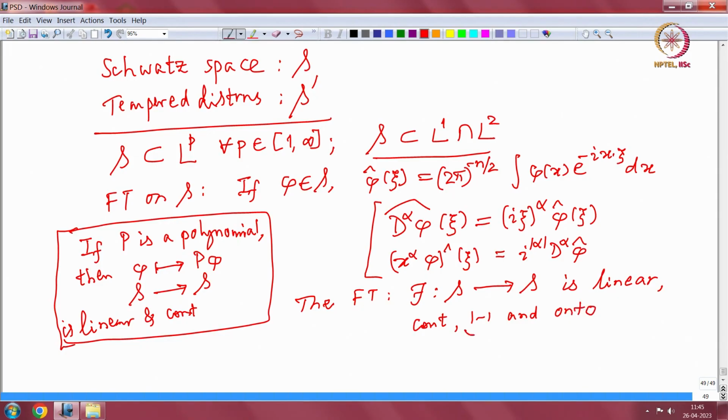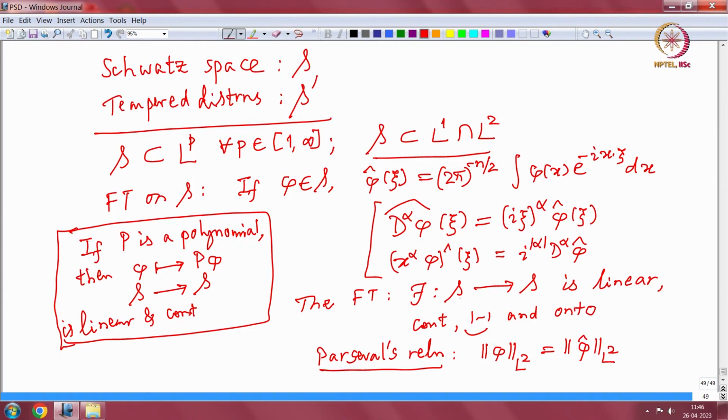This one also comes from the Parseval relation. We have already derived it for functions in L1 intersection L2, so we also have this. Since I am using the subscript m for the norms here, let me just write L2. You simply use these properties.